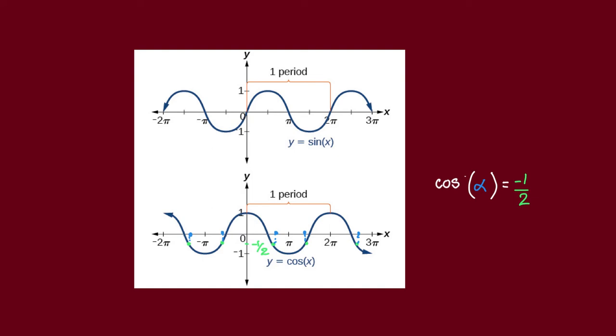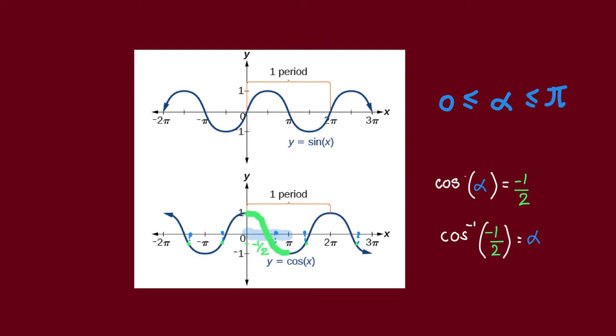Pause and think for a moment if you don't understand why that is. And as we said, for cosine inverse to be a function, we want a convention to specify which amongst these infinitely many angles would be the cosine inverse. The convention is that we take whatever angle lies inside this region here from 0 to pi.